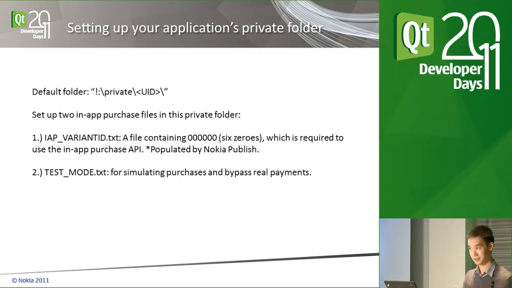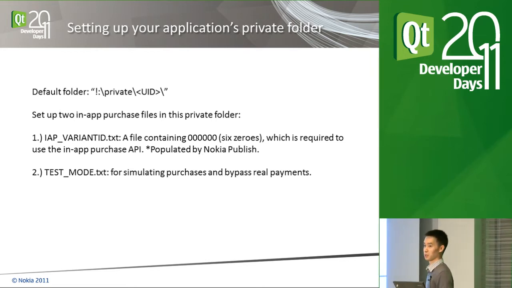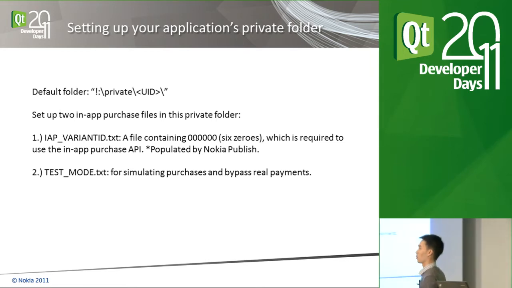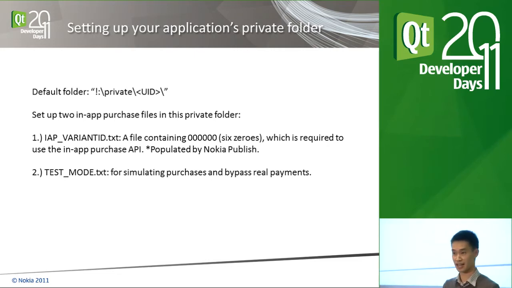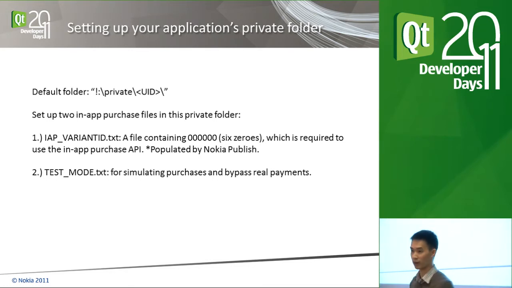The second file is testmode.txt. So this enables you to test your application without having to actually pay for the purchases. There are 2 types or 2 modes, I should say. The first mode being the simulation mode, which does not connect to any server, and it allows you to test the OK and the fail use cases.